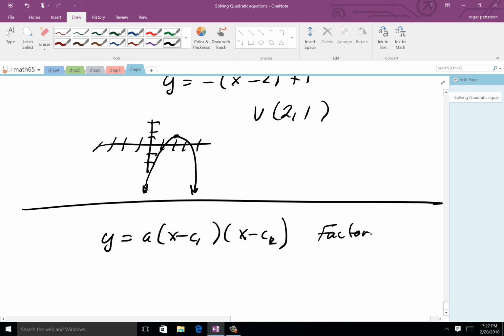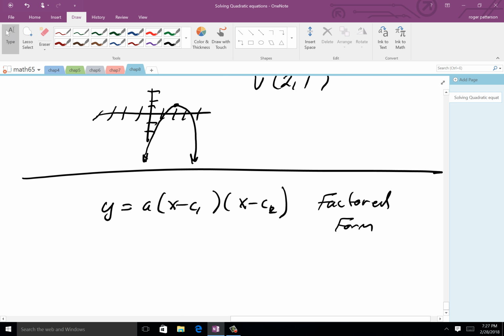If I go into Desmos for this and graph this one, you'll see this pretty much right away. We've already talked about this, so I'm going to get rid of these because we don't need them anymore. I'm going to type this in: y equals (x plus 2)(x minus 3). So I'll put that one in there.